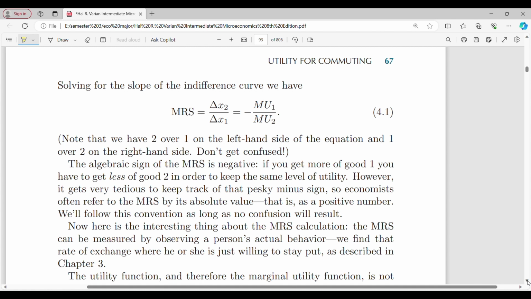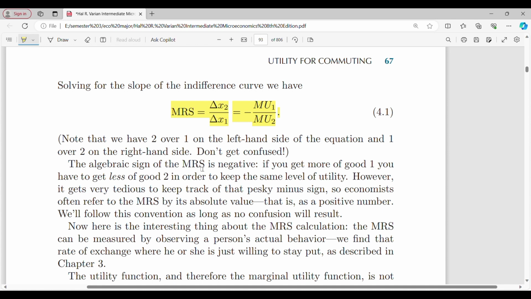So next is solving for the slope of the IC. Okay, the slope is always like delta x2 by delta x1, and that here is minus MU1 by MU2.